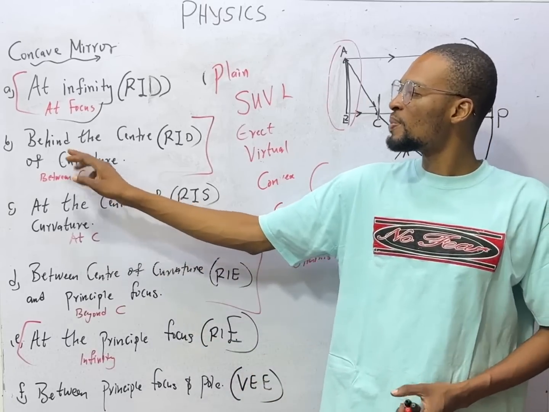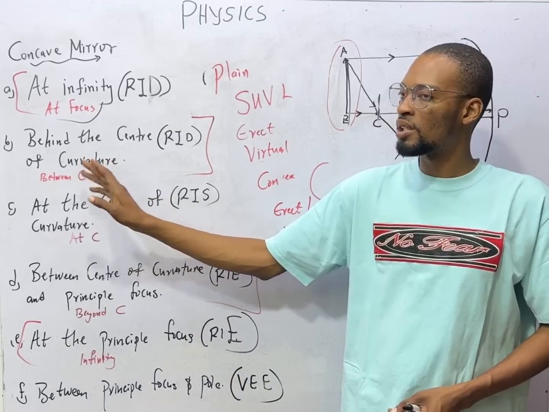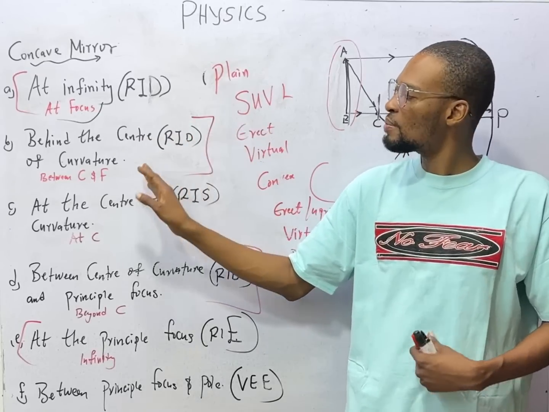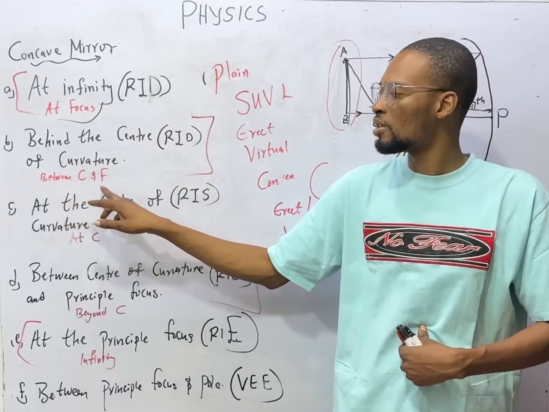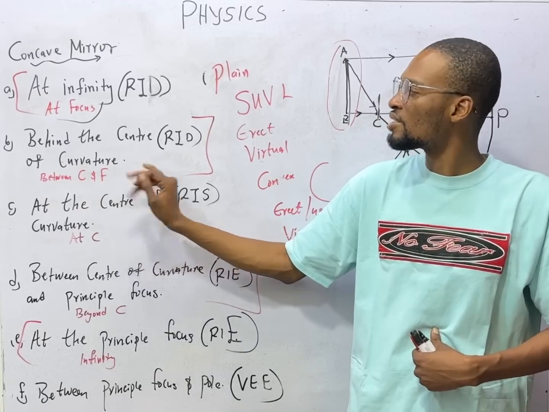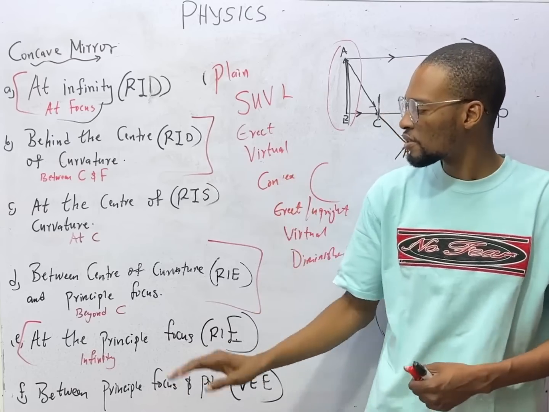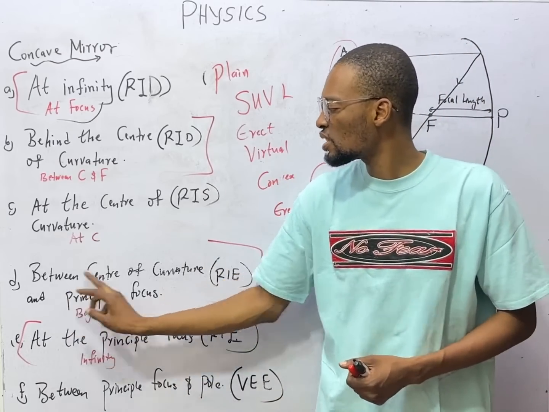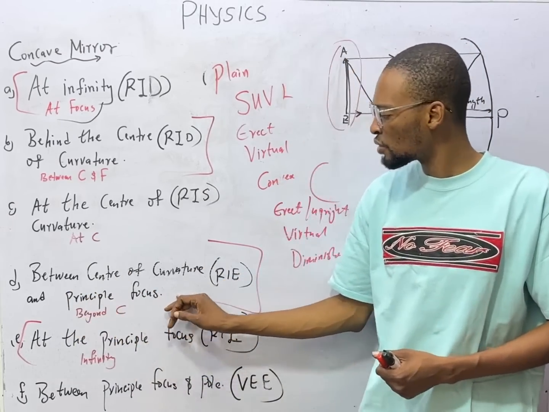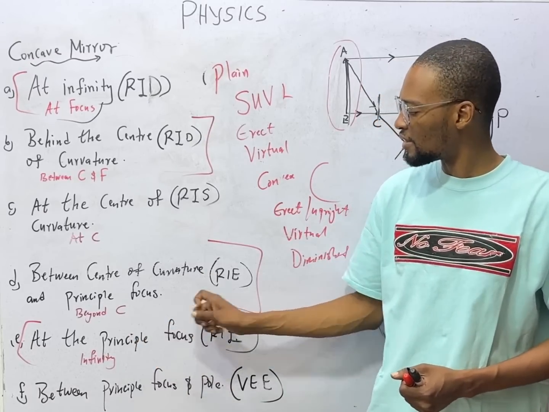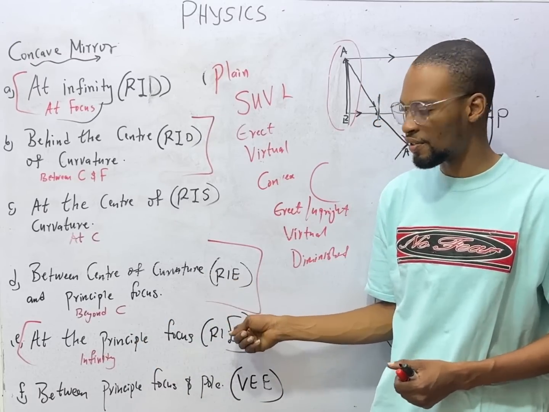If the object is placed behind the center of curvature, the image is formed between the center of curvature and the focus, and it is real, inverted, and diminished. If the object is placed between the center of curvature and the principal focus, the image is formed beyond the center of curvature, and it is real, inverted, and enlarged.